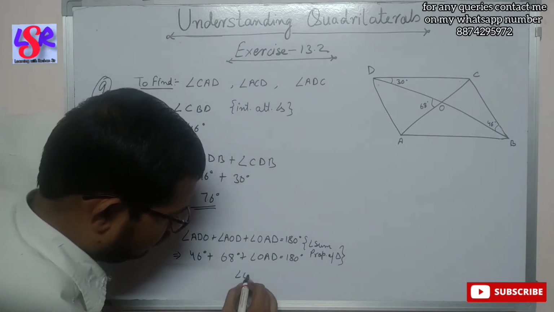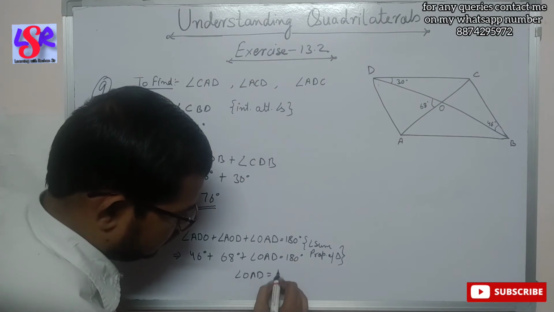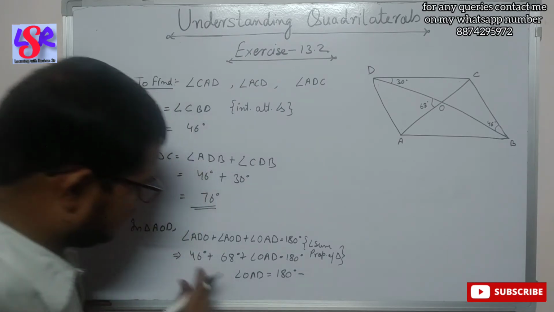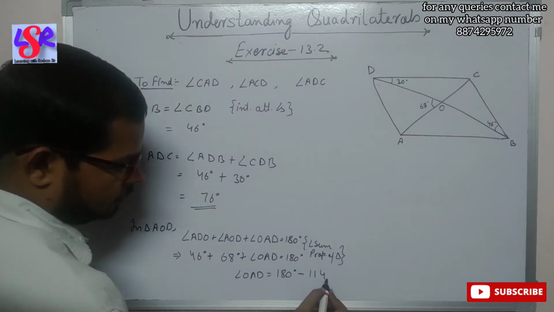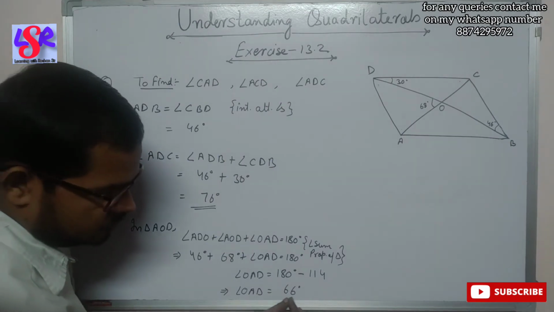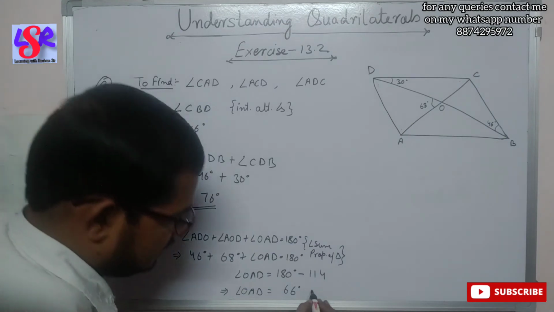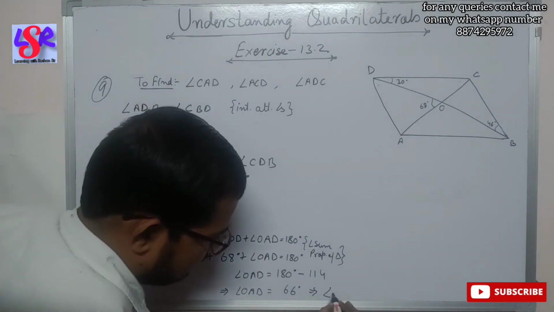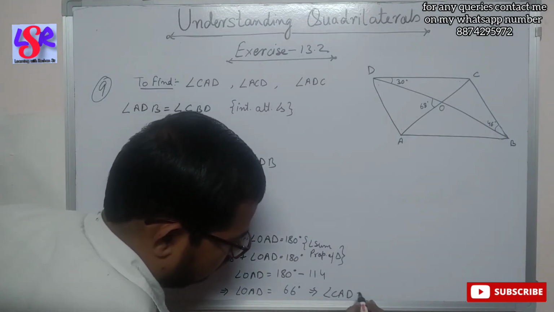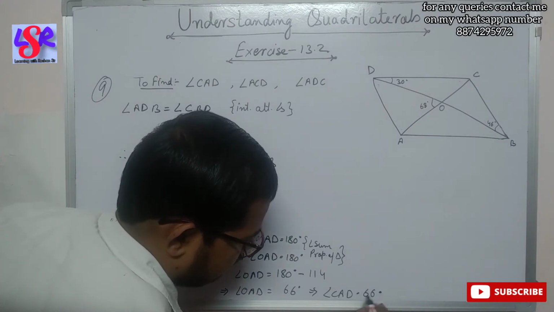Therefore angle OAD equals 180 degree minus the sum of these two, 114, and we get OAD equals 66 degree. That can also be written as CAD equals 66 degree. So angle CAD equals 66 degree.